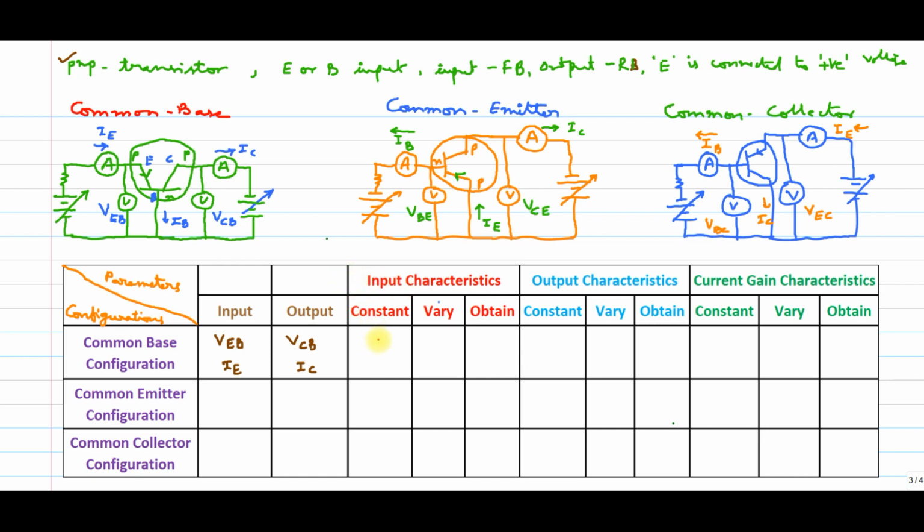For input characteristics, we keep output voltage VCB constant, vary input voltage VEB, and obtain input current IE. The graph between input voltage and input current is called input characteristics.